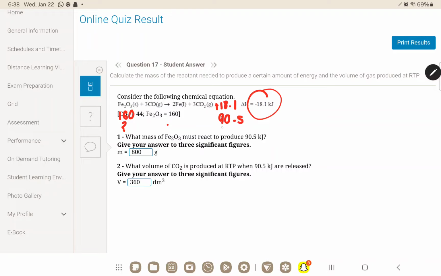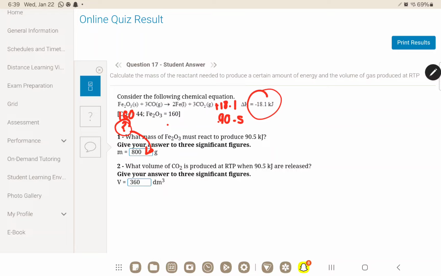So this is what's given, this is what's in the equation, and now just cross multiply again. So 90.5 times 160, you're gonna get a long number, divide that by 18.1, you're gonna get this question mark equals 800.